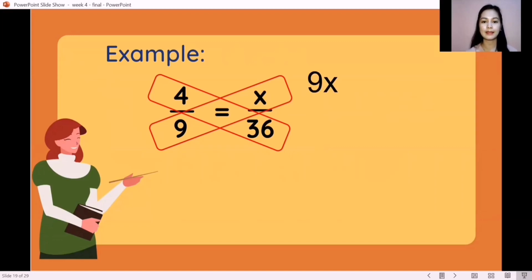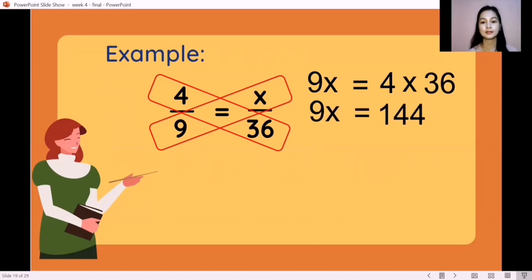We will multiply x times 9, or 9 times x, and that is 9x. The second one, we will multiply 4 by 36. 4 times 36 is equal to 144.